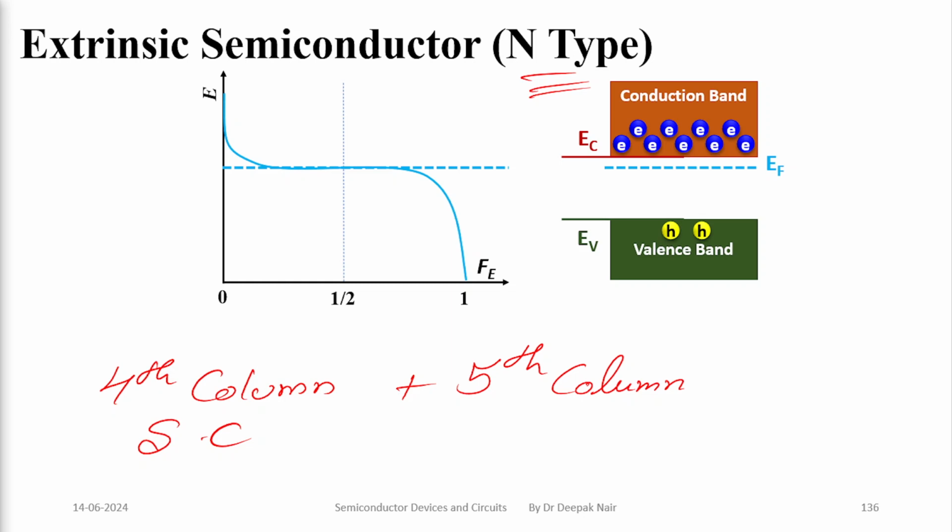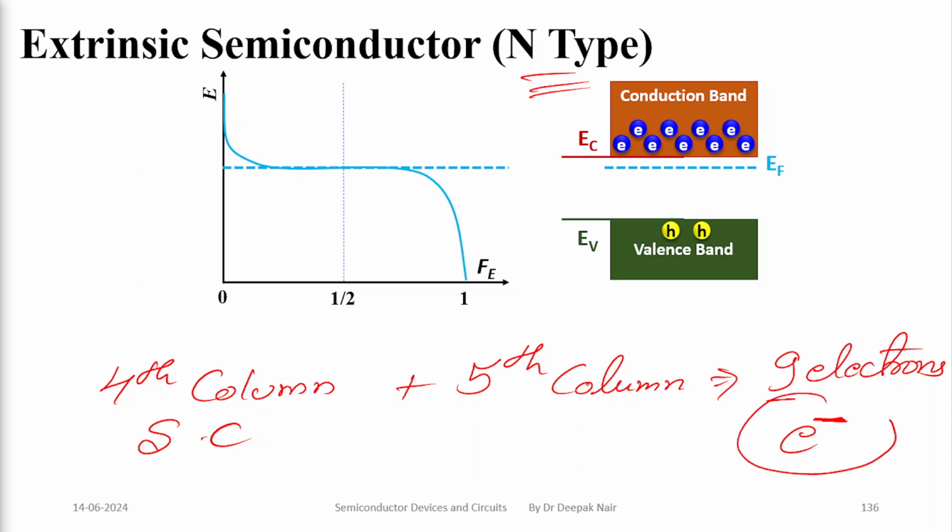We can call them pentavalent, and this gives rise to 9 electrons. Whereas the semiconductor can hold only 8 electrons in the outermost orbit. So one extra electron is generated in case of this kind of combination, 4 plus 5.